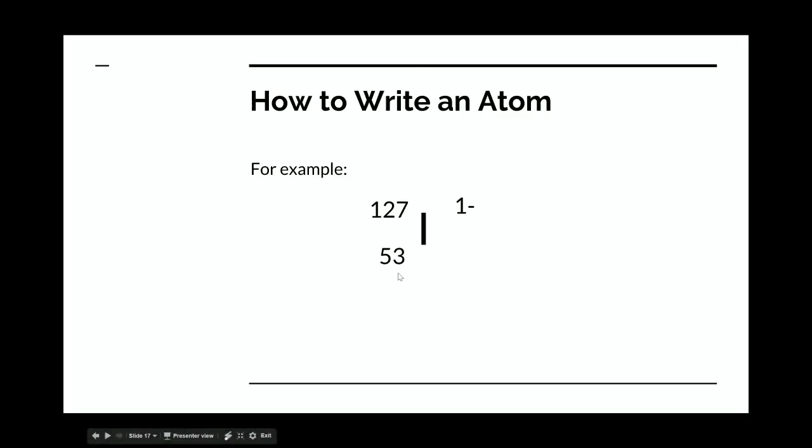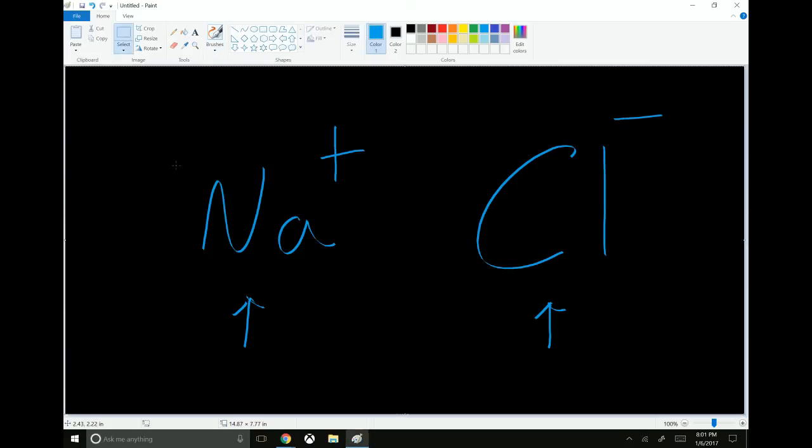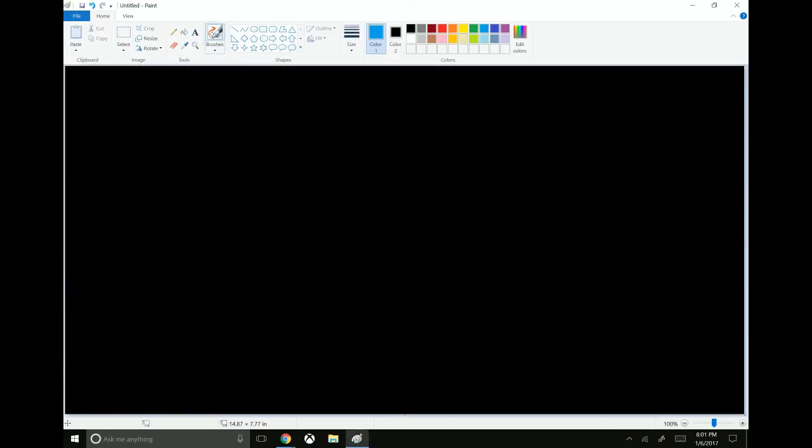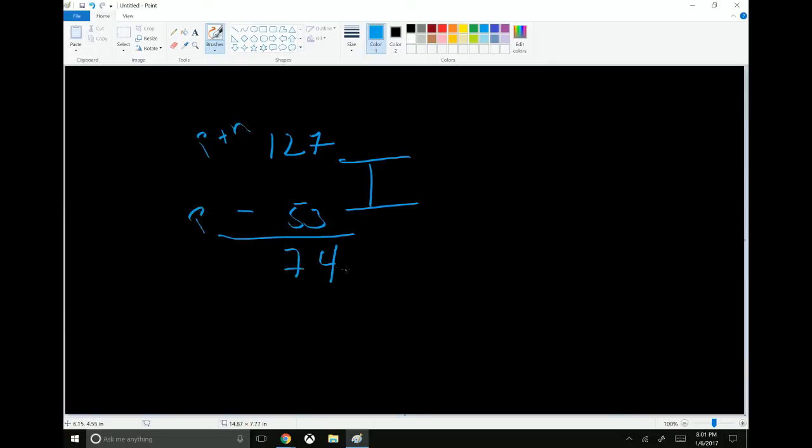Up here we have the atomic mass is 127. So, how many neutrons does this particular isotope of iodine have? Well, it's 127 minus 53. As this is protons and neutrons, and this is just protons, the difference between them is the number of neutrons.